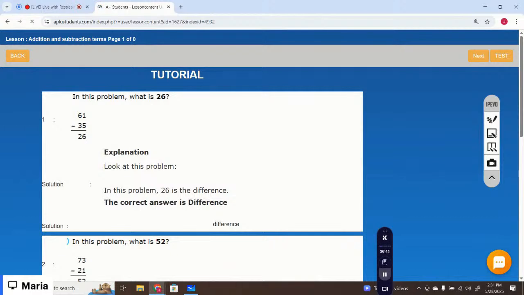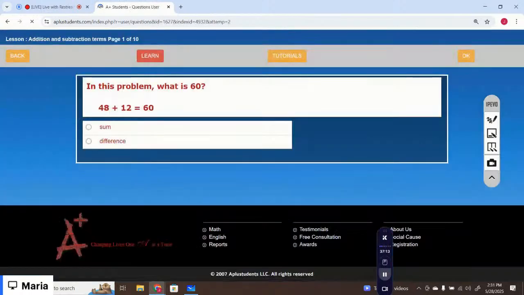In this problem, what is 26? 61 minus 35 is 26. So 26 is the difference of 61 and 35. Let's just start with the test questions.